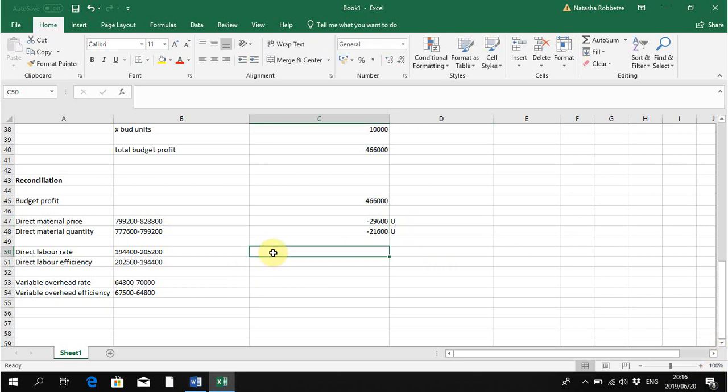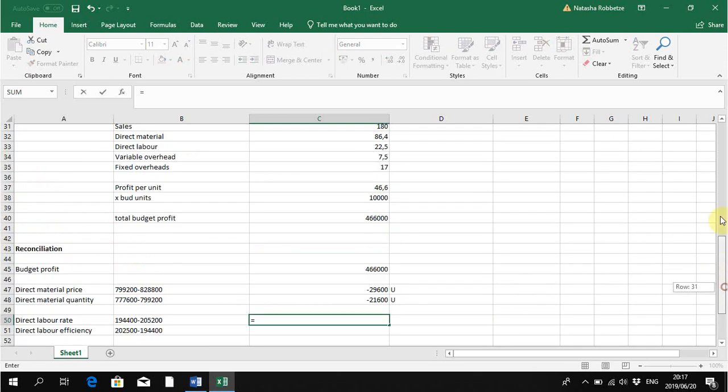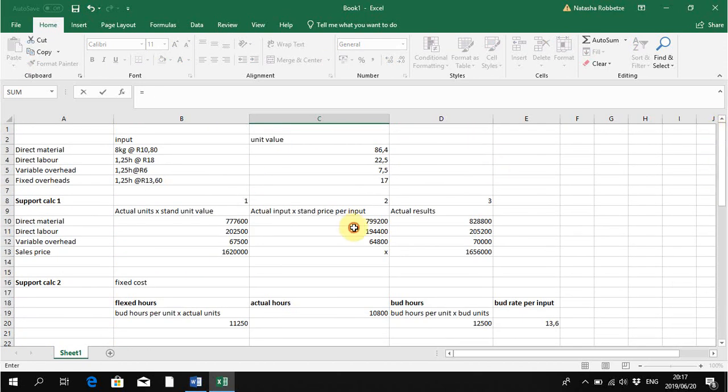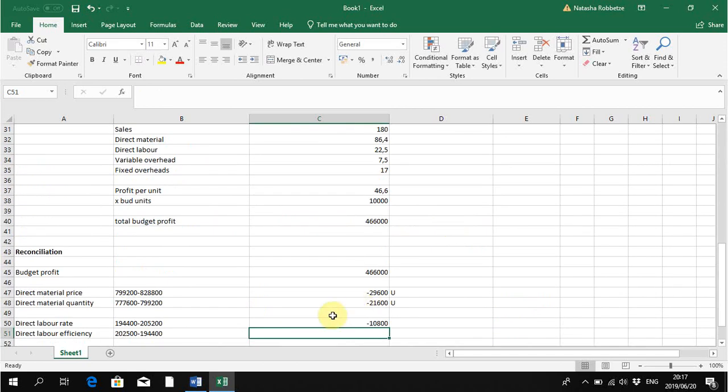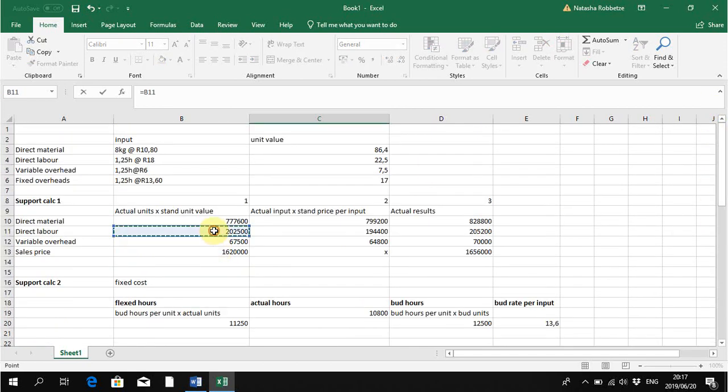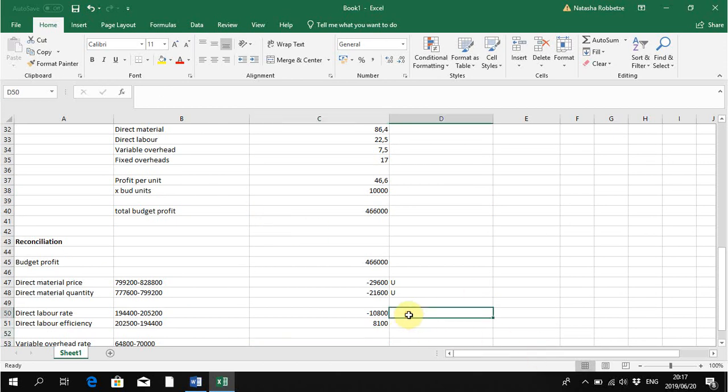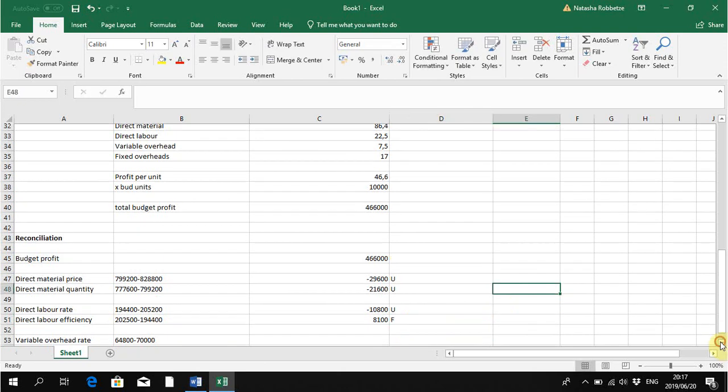So for direct labor, the rate is going to be this minus that. For efficiency, it's going to be column 1 minus column 2. Let me just fill in, that is unfavorable and favorable.